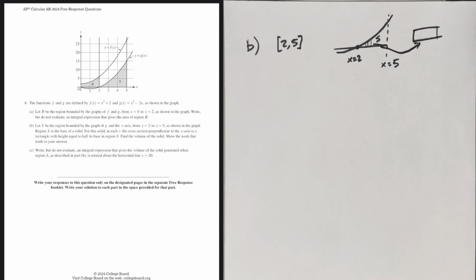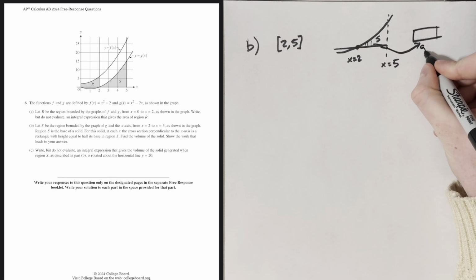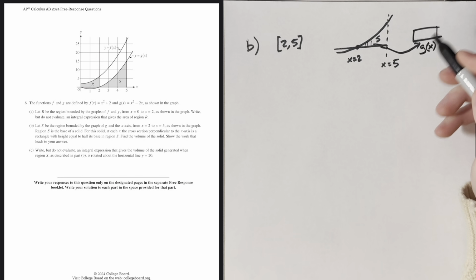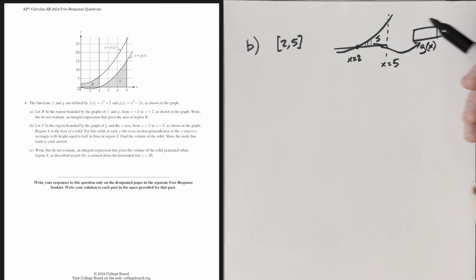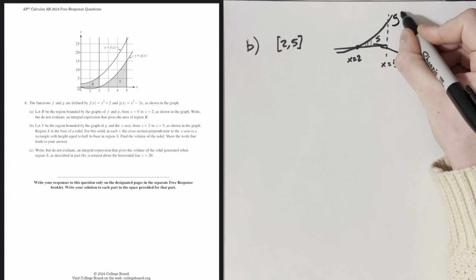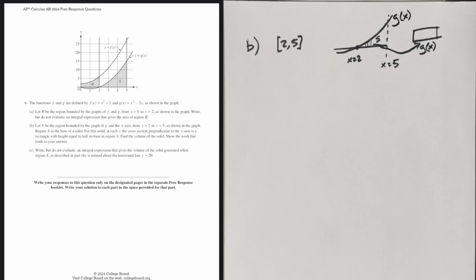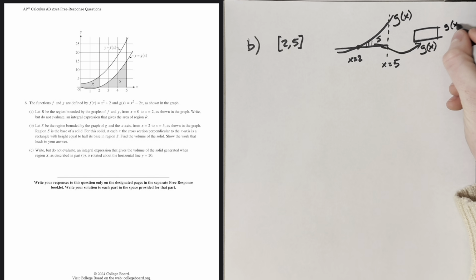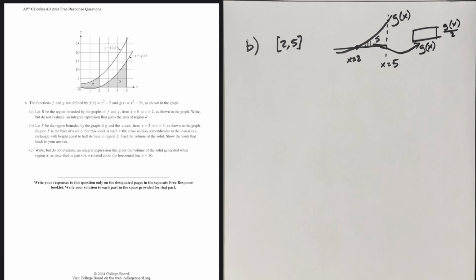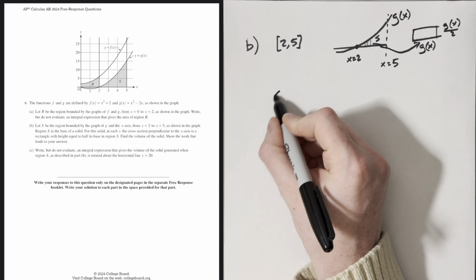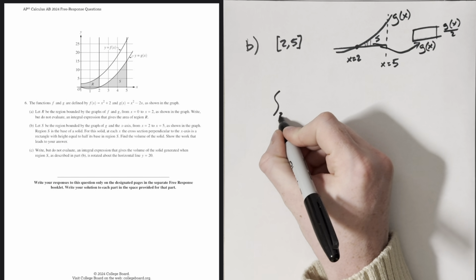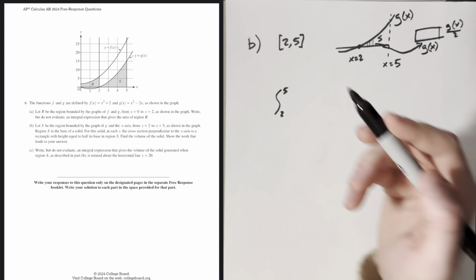So in this case, its height is going to be the value of g of x, because it's just how high this cross-section is. And this function is g of x. And our height is going to be half of that, or g of x divided by 2.